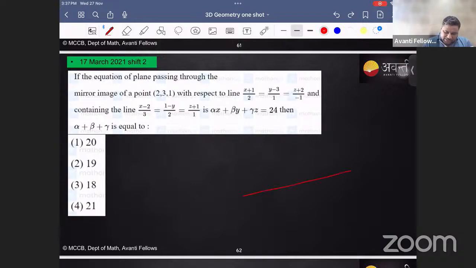So say this is the line, that is x plus 1 upon 2 is y minus 3 upon 1 is z plus 2 upon minus 1. This is the line and this is the point 2, 3, 1. You are trying to find the mirror image of this point in this line.